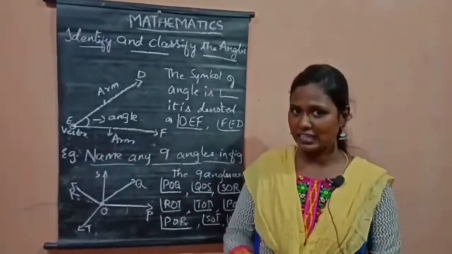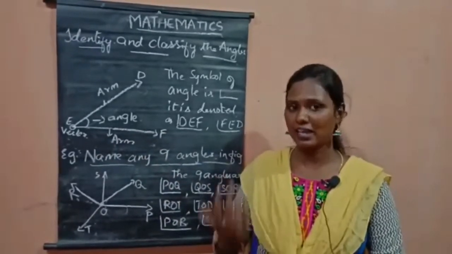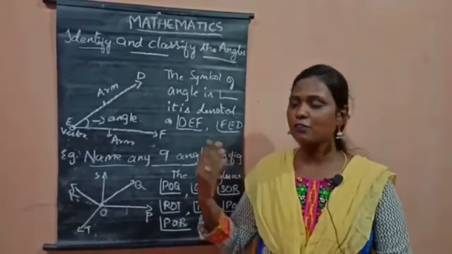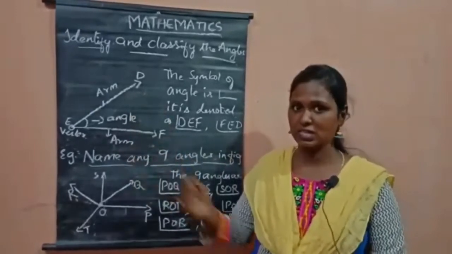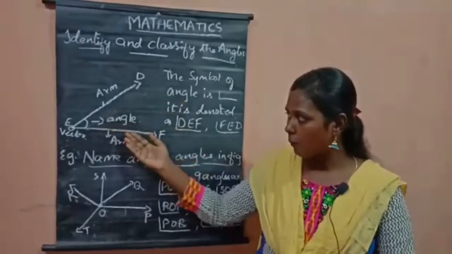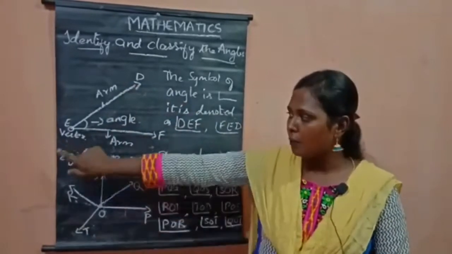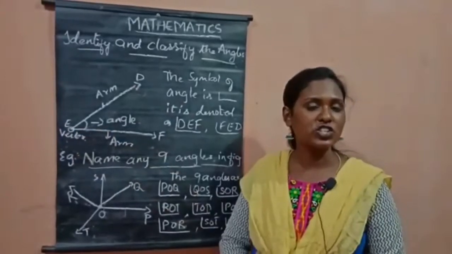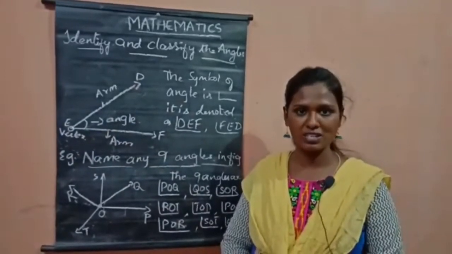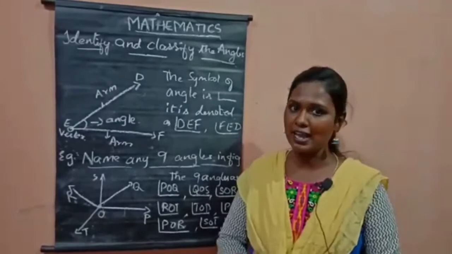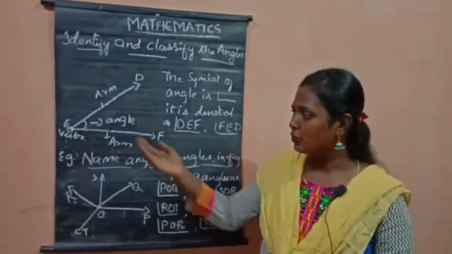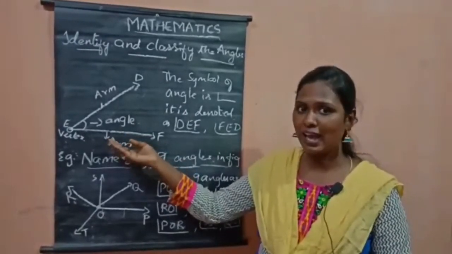In other words, the figure formed by two rays sharing a common point is known as an angle. You can see the figure of an angle.